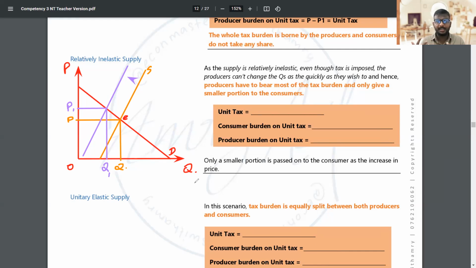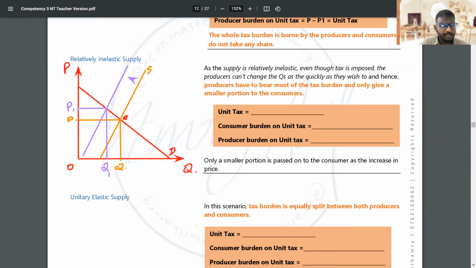And that is decided mainly by two things: price elasticity of demand and price elasticity of supply. Here we are talking about how tax incidence is affected by price elasticity of supply, specifically inelastic supply. How to decide that? Simple. The consumer's tax burden is always the increase in the price due to tax.